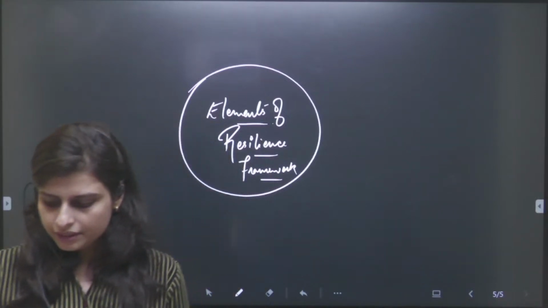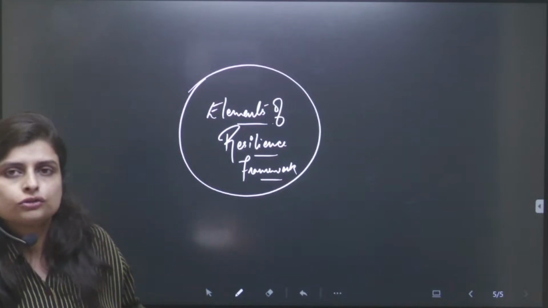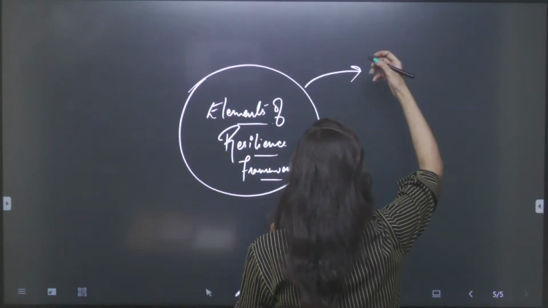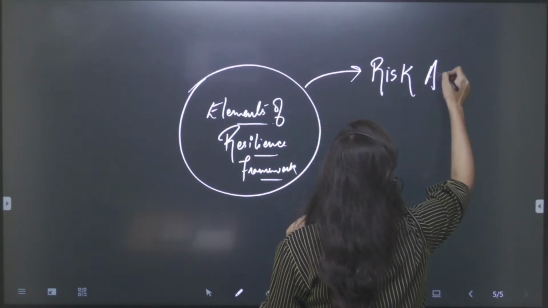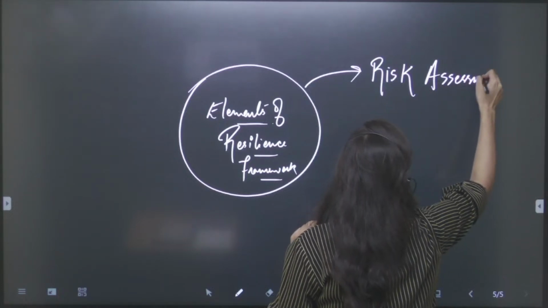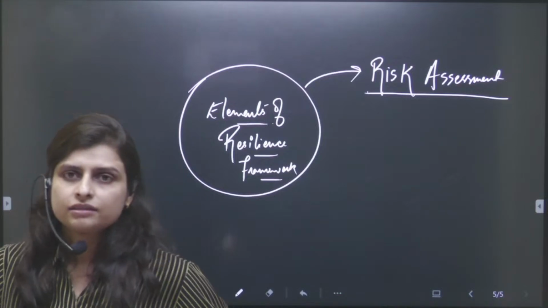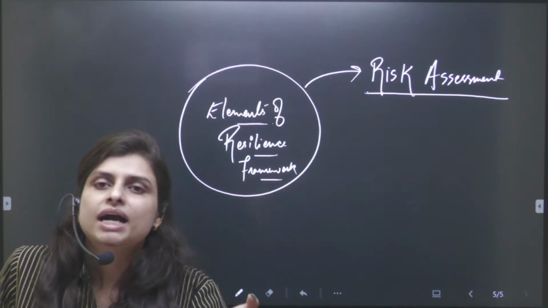How are we going to assess the risk? So first, no matter when the disaster is going to occur, the risk assessment is primarily there. Why? Because we should be able to assess the risk that is going to come with the disaster.